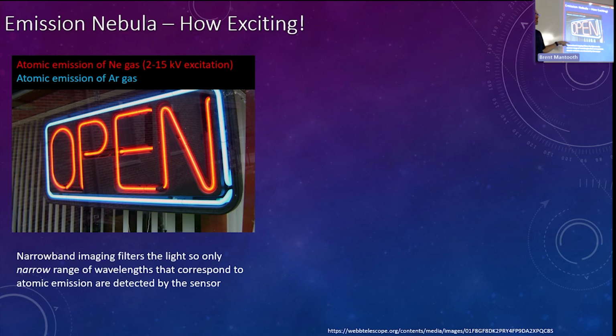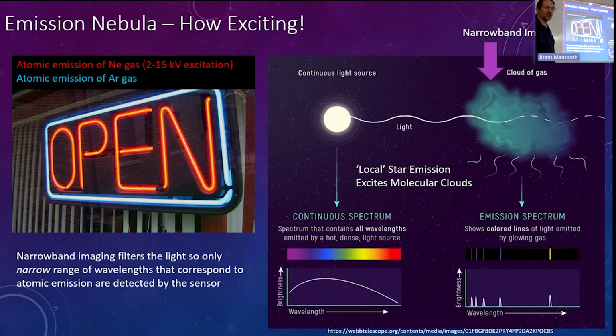What we're going to do with narrowband filtering is exactly the same thing with nebulae. We're going to think about the exact color emitted by certain gases, and we're going to build a filter around exactly how it emits. In space, you're not applying kilovolts of energy across a gas, but instead you have stars that are blasting out radiation from gamma to UV to IR, just photons everywhere.